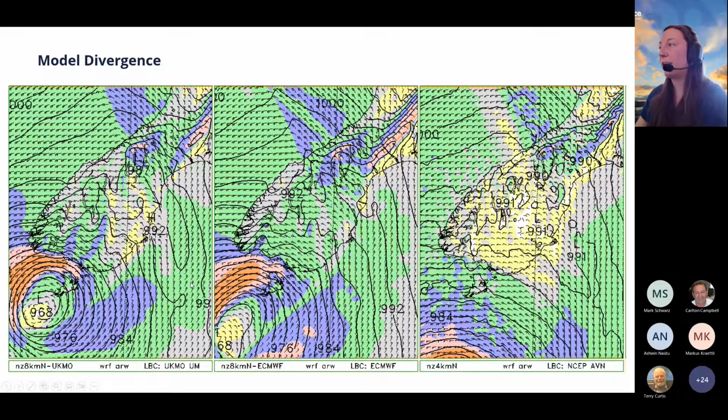And you look at this and you think, who's doing the best? So that's where we come in, where we say which model is doing the best now. That model potentially may be doing the best in the future, so we'll use that model, and then we watch how things progress.